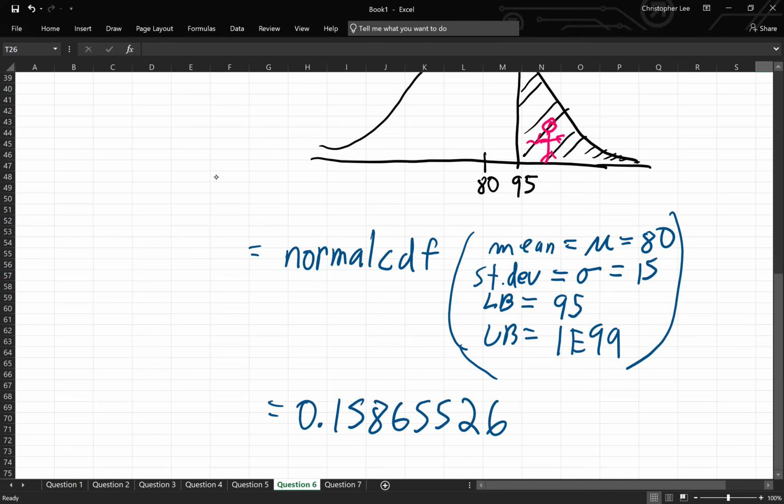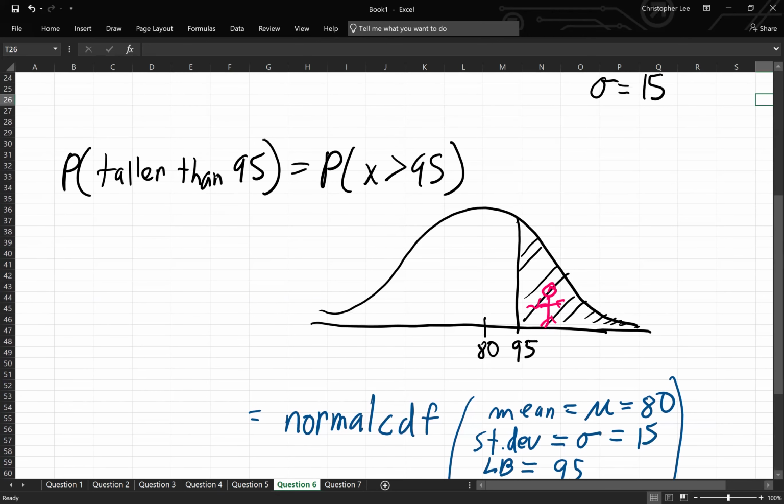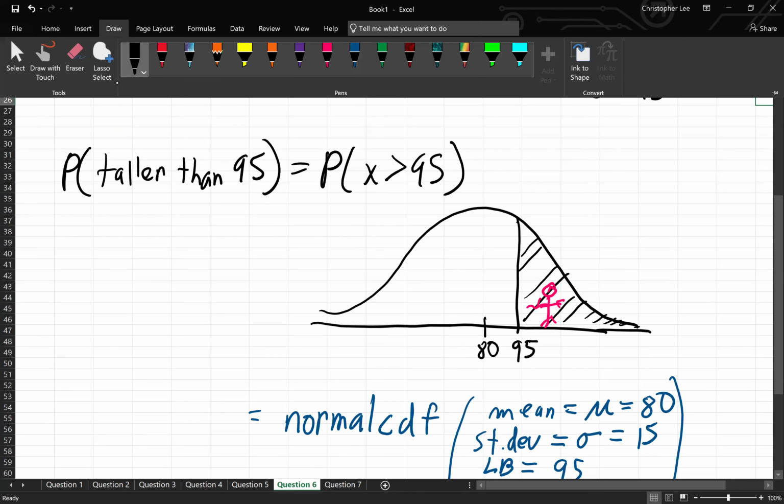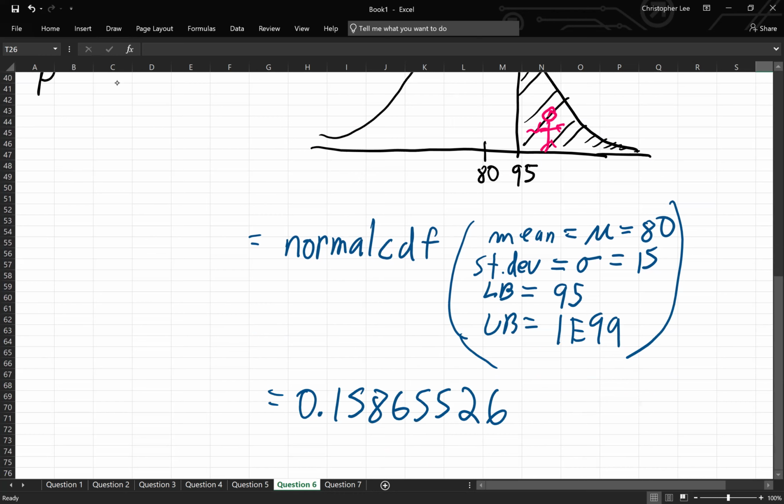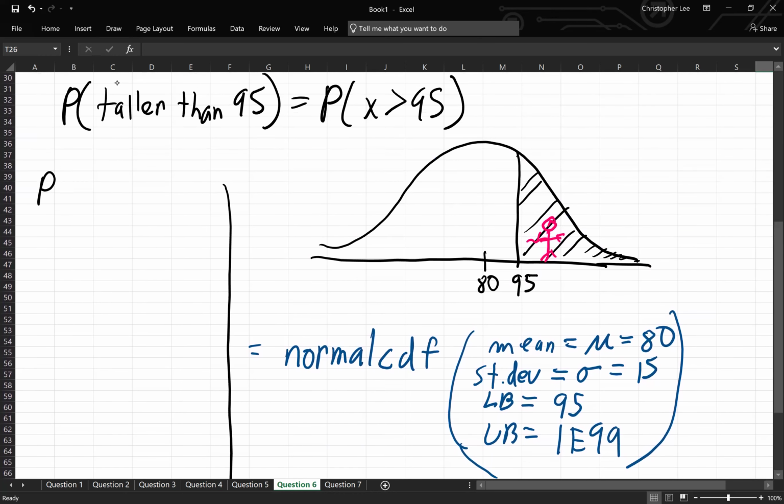Now, I'm going to do this one more time for those who don't have the calculator. Remember our question: they're asking us for the probability of X greater than 95. We have to change that X into a Z value, because we can't look up an X distribution.